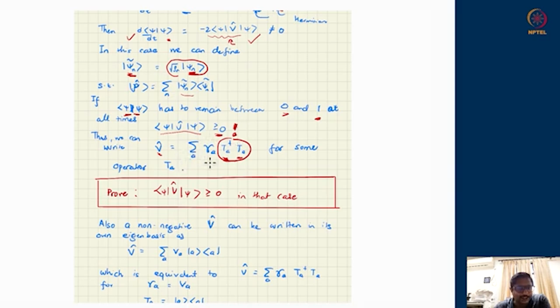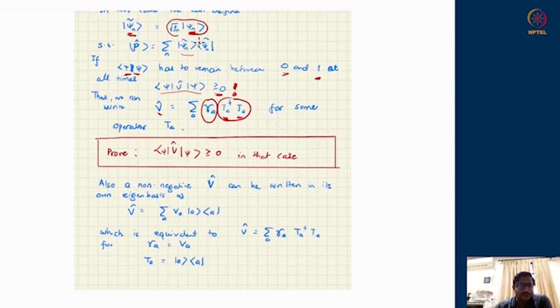The weight factor, or in this case we will see that it is the rate at which these dissipative processes are happening, is controlled by gamma_A. So gamma_1 times T1 dagger T1 plus gamma_2 times T2 dagger T2 are talking about two dissipative processes happening to the atom, one with rate gamma_1 and another with rate gamma_2. Okay.